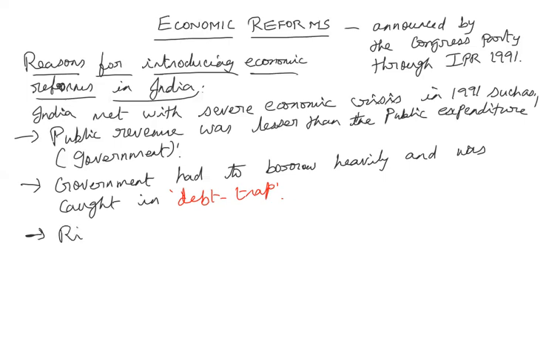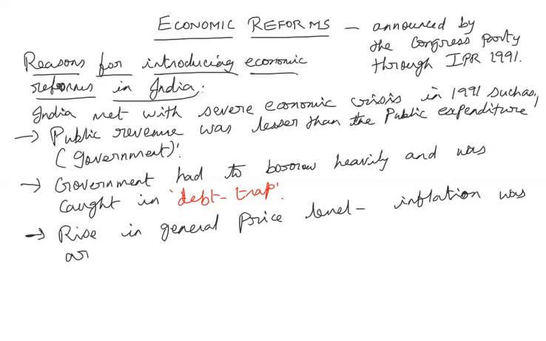And coupled with that, there was a rise in the general price level. The inflation, for the first time, reached the two-digit mark, around 12%. So for the first time in history, the general price level reached the 2-digit mark.